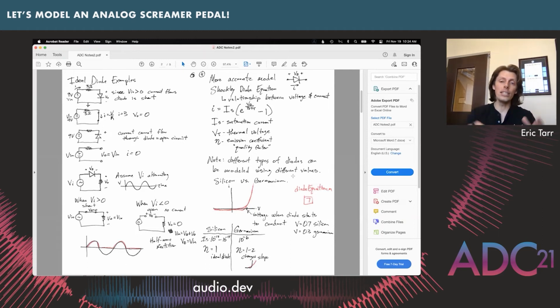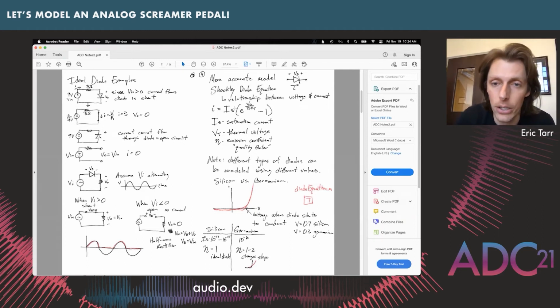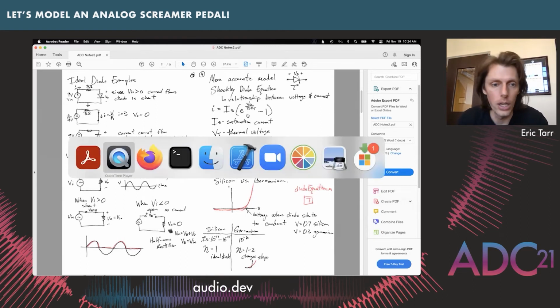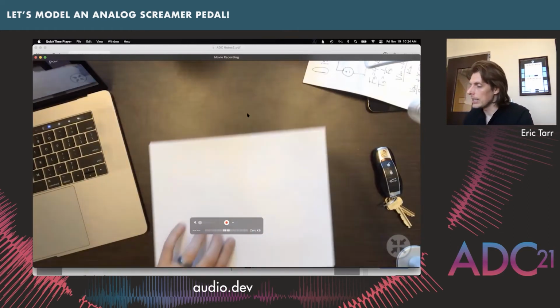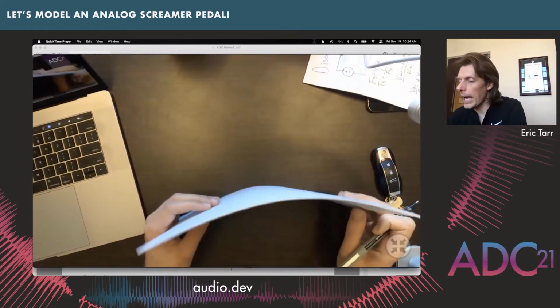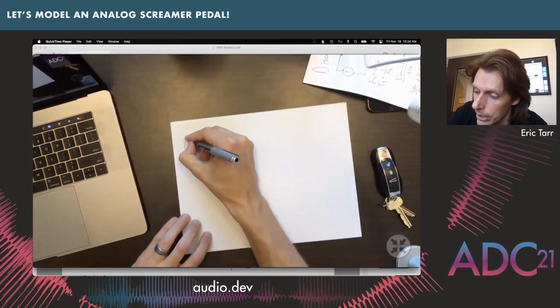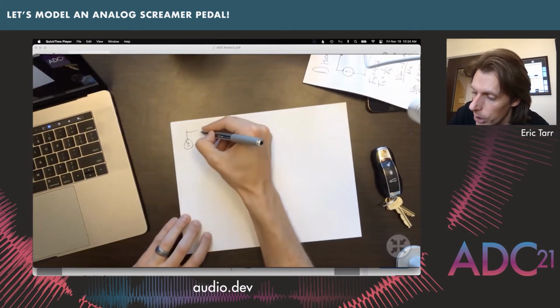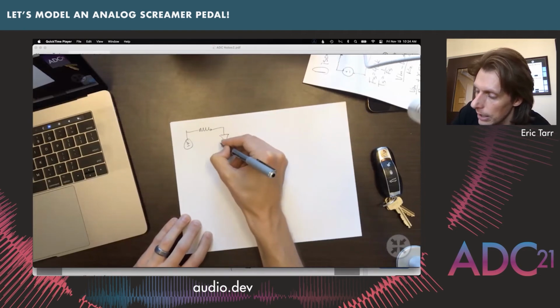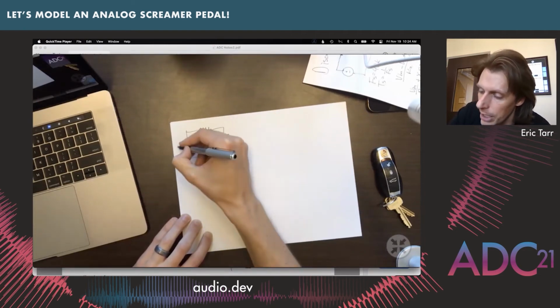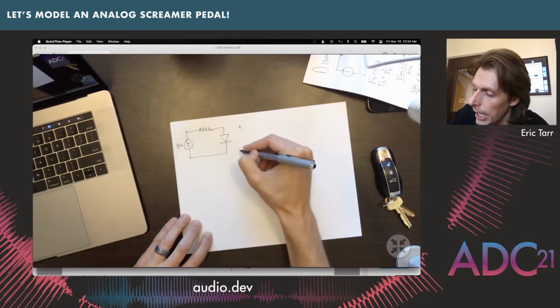So what ends up happening when we try and include this diode in some of our circuits that we're trying to analyze? A basic one that we could work off of is one here where we have a voltage source like this, and we have a resistor, and we have the diode here like this, and we have Vin, we have Vout.